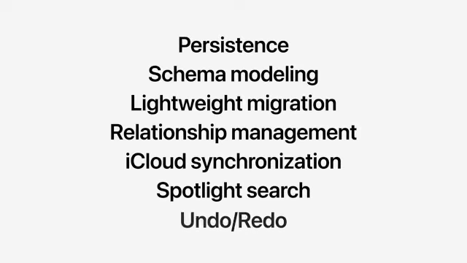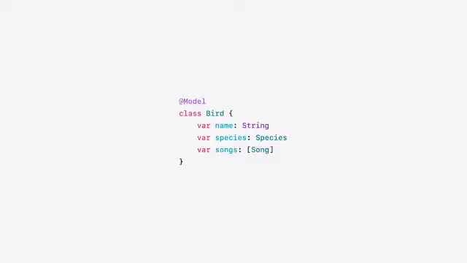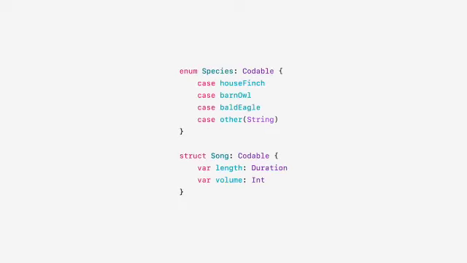This single line of code packs a lot of functionality, like automatically enabling persistence, iCloud synchronization, undo and redo, and more. You can then refine these automatic behaviors by annotating properties with additional attributes, like indicating the value must be unique across all instances. And SwiftData uses the Codable protocol to understand structs and enums, so you can model your data with the tools that you already know.